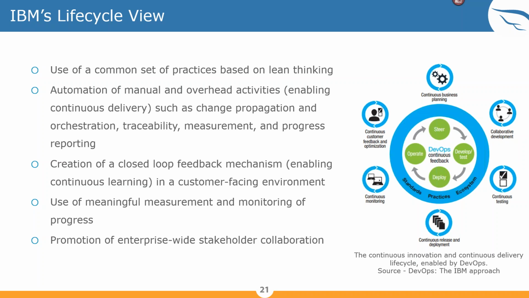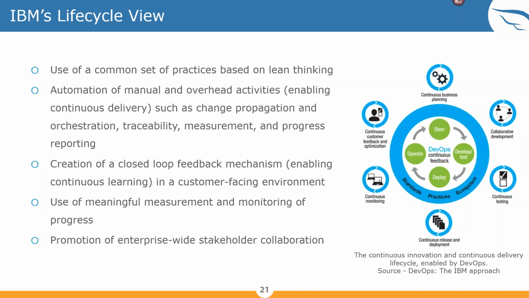And then they list the specific types of DevOps practices around the periphery of that. So collaborative development, continuous release and deployment, monitoring, all of these areas. So this is the IBM vision of the tooling that they provide and the concept that they have in terms of these areas.